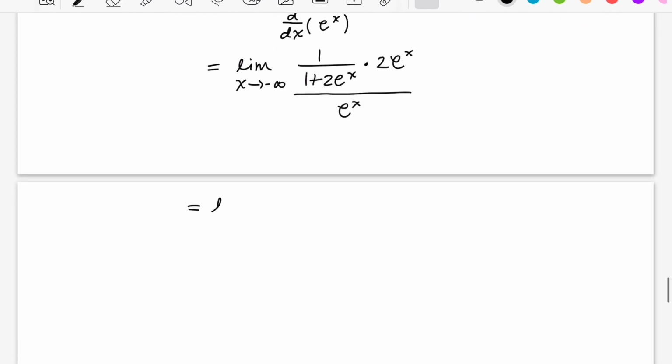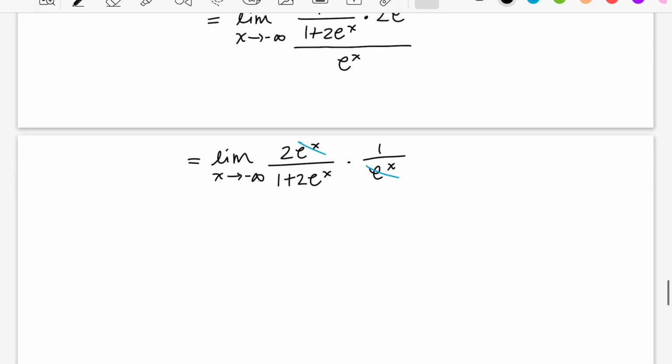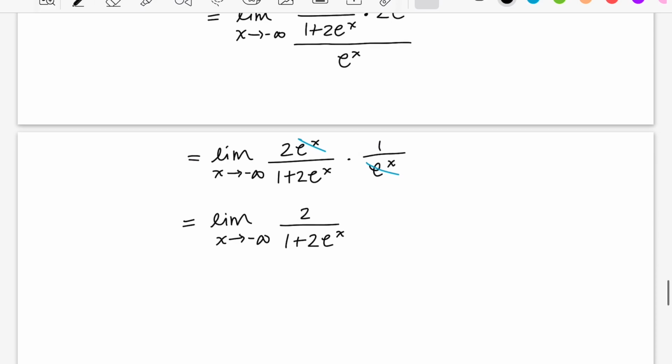Alright, so let's simplify this a little bit. We have 2e to the x over 1 plus 2e to the x in our numerator here. And then we're dividing by e to the x, so that's the same thing as multiplying by the reciprocal, 1 over e to the x. As we can see, these will cancel here. So we'll get 2 over 1 plus 2e to the x.